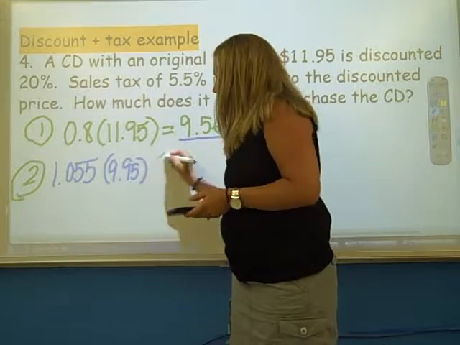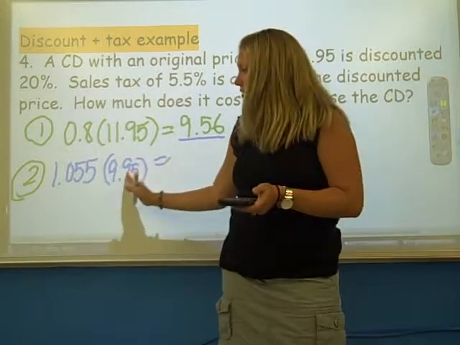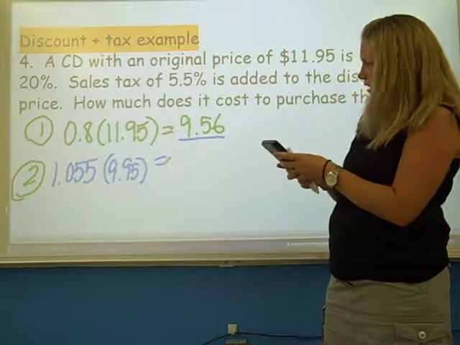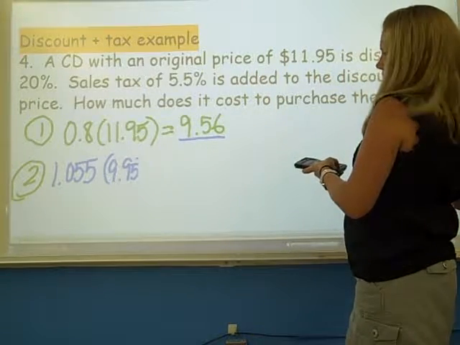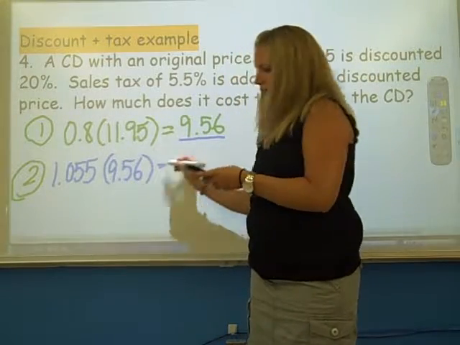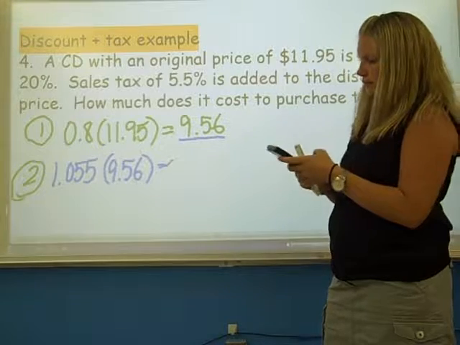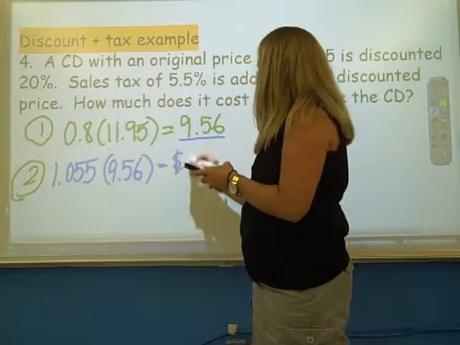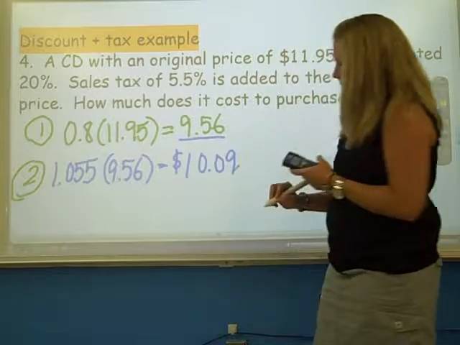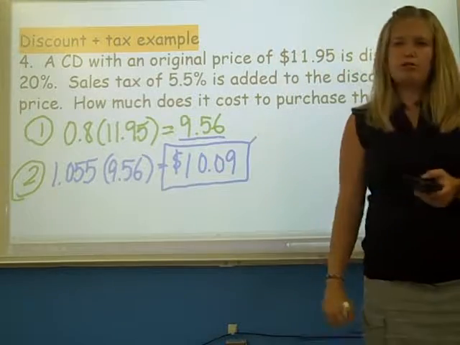And that will add the tax. Now if you like to do 0.055 times this, get how much the tax is, and then add it, you can do that as well. $9.56 times 1.055. Now we're going to round to the penny, because that's how much money is. So $10.09 would be how much the CD will cost.